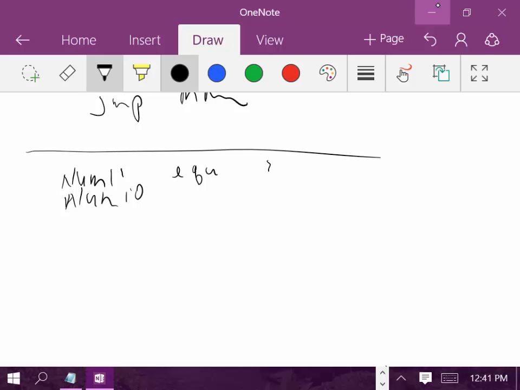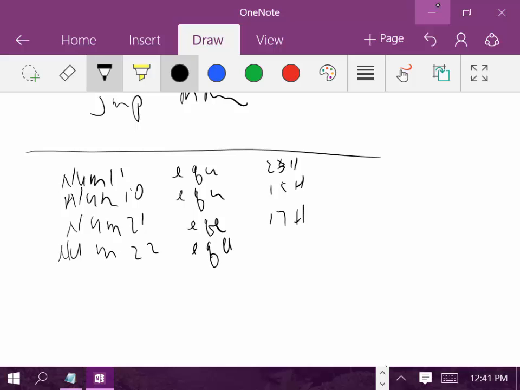I'll just put 23 hex and equate 15 hex. Then we have num 21 equate 17 hex and num 22 equate, and I'm going to say F0 hex, and you've got to put a 0 in front of that.